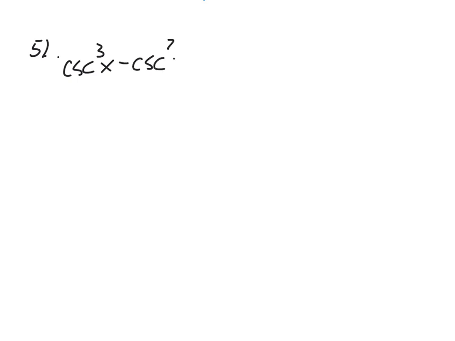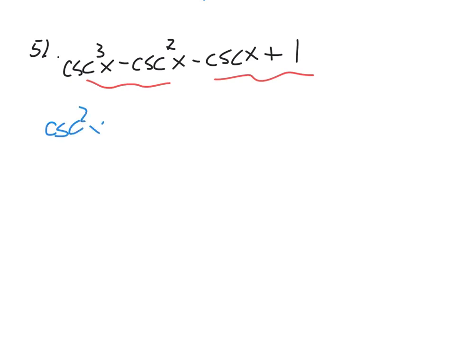And in 52 we have 4 terms. And I always think of grouping again. So I'm going to group these first 2 and these last 2 and see what I can take out of both of them. So in this first 2 I can take a whole cosecant squared out, and I'd be left with cosecant of x minus 1.